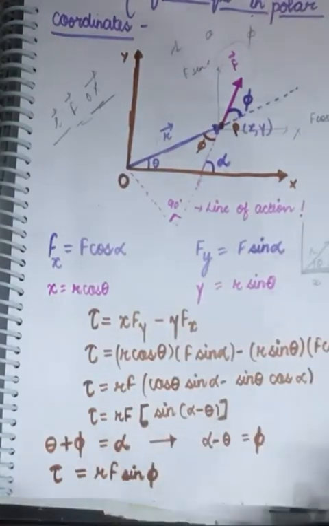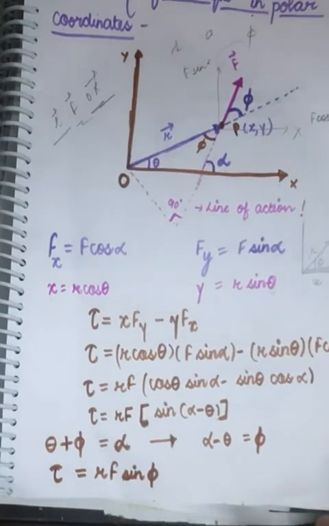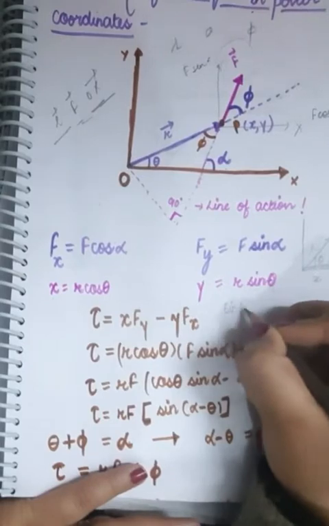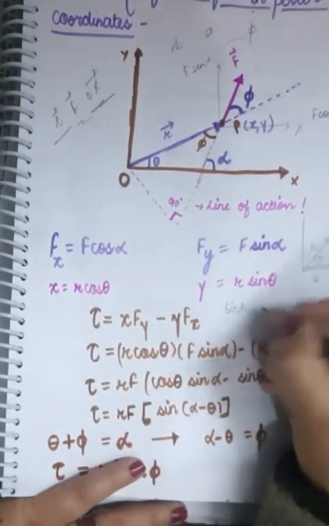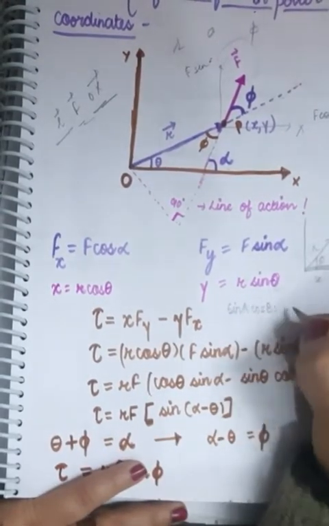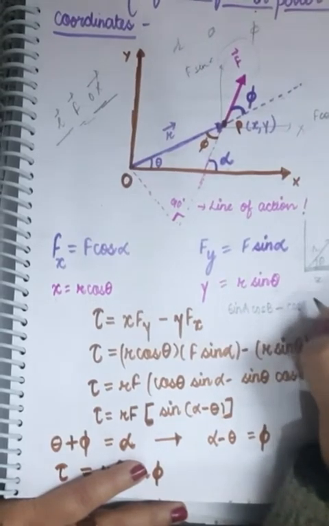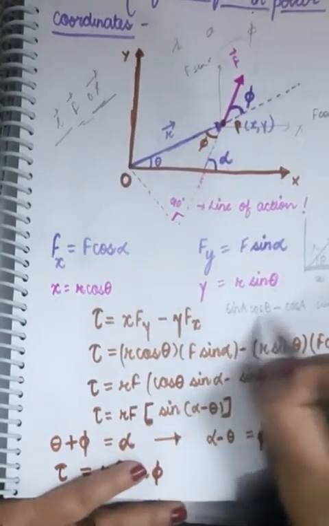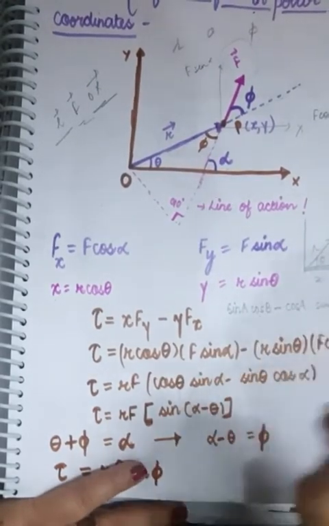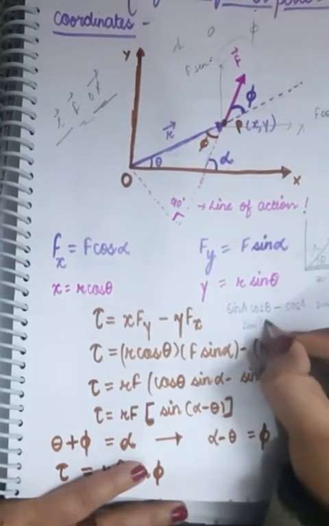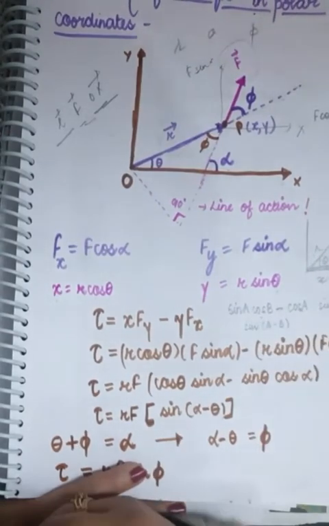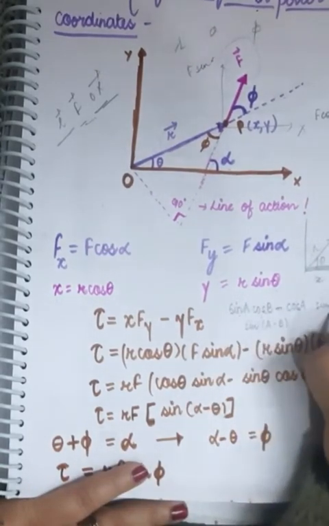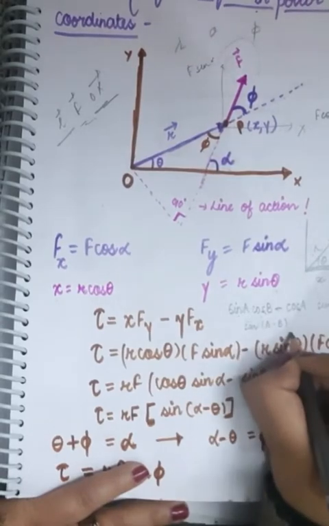Once you put these values, you are going to use a very important relationship: sine A cos B minus cos A sine B becomes sine of A minus B. It's as simple as that. I repeat, sine A cos B minus cos A sine B is equal to sine (A minus B).